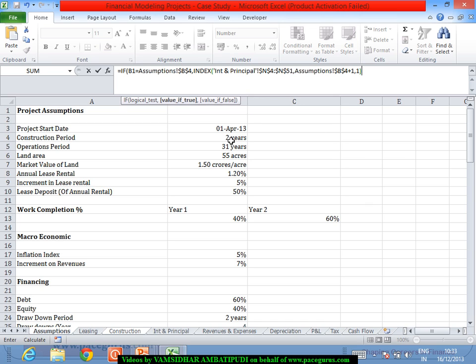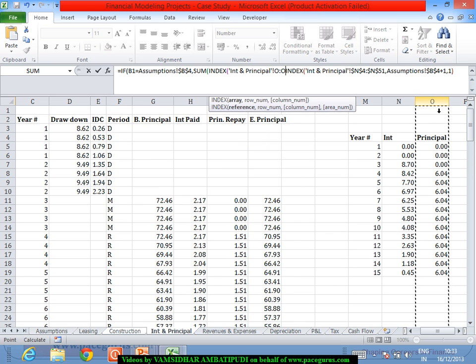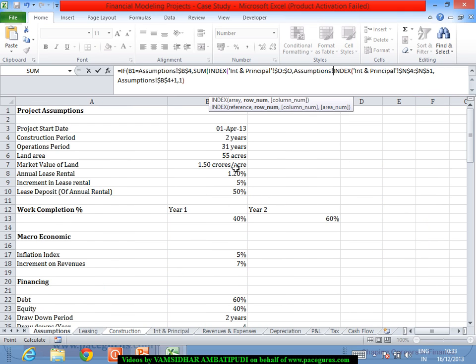and at the same time I would also add up the interest as well as the principal, right? So I will also add up the other part, again going into the INDEX for the interest and the principal. Instead of N column, I'll also take the O column, and I'll put the assumptions this plus 1 comma 1.